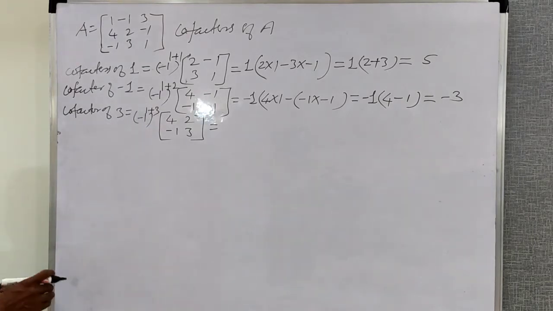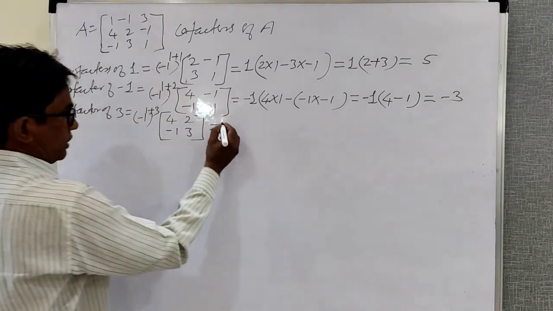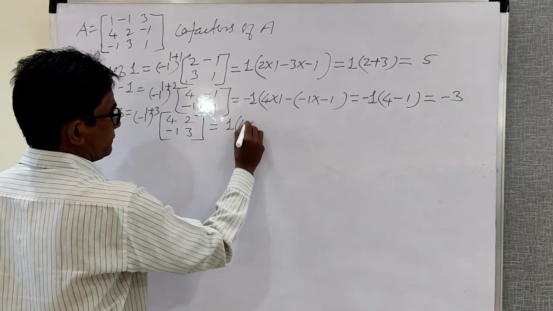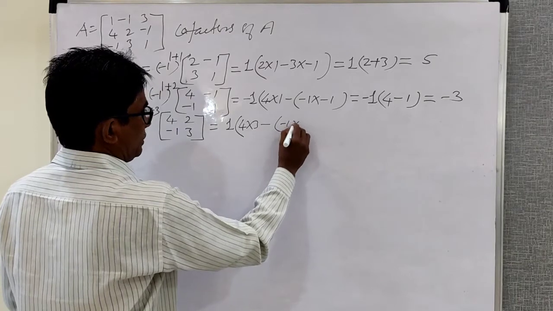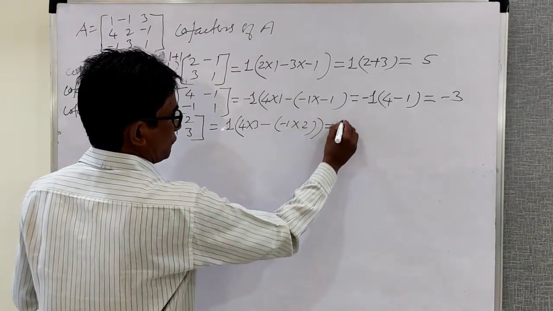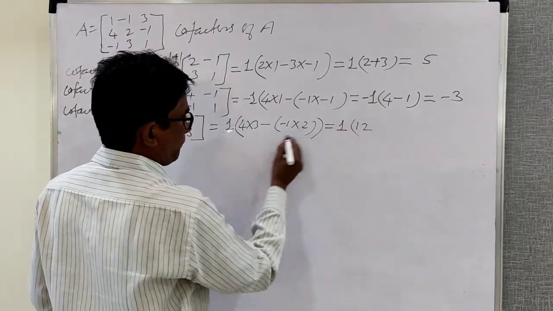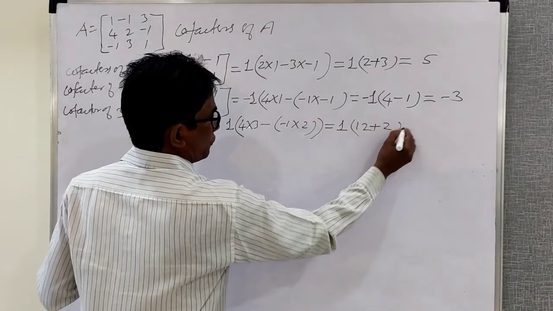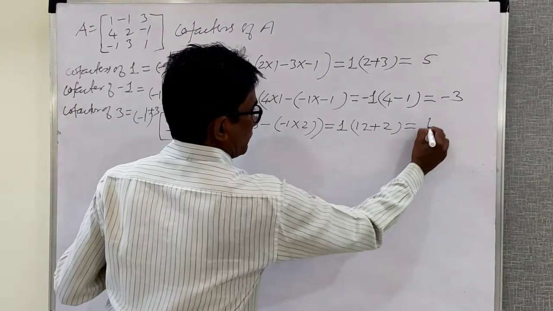So 1 plus 3 is 4. 4 is even number, therefore it is plus 1 into 4 into 3 minus 1 into 2, which is equal to 1 into 4 3 is 12, minus into minus plus 1 2 is 2. So 12 plus 2 14, 14 into 1 14.